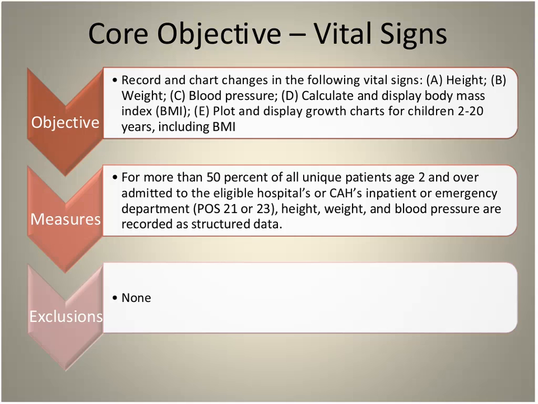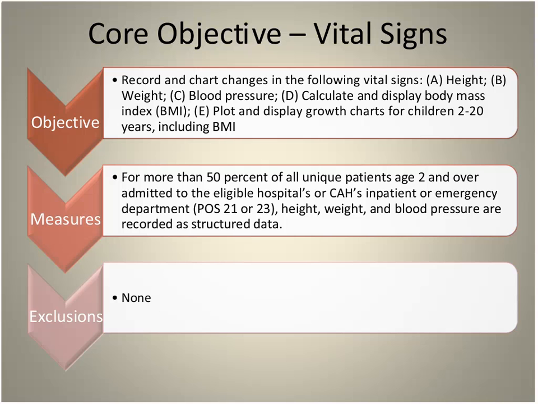And then for children, be able to plot and display growth charts for children between certain ages, between 2 and 20. And so that's the objective. That's the kind of data that has to be captured.